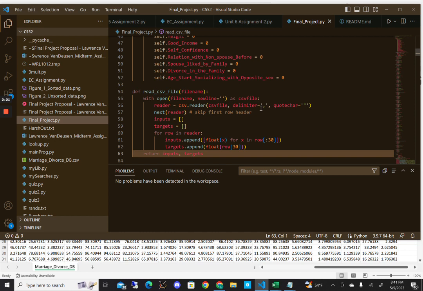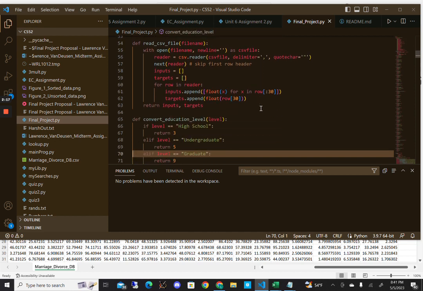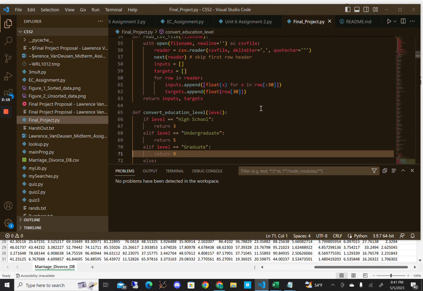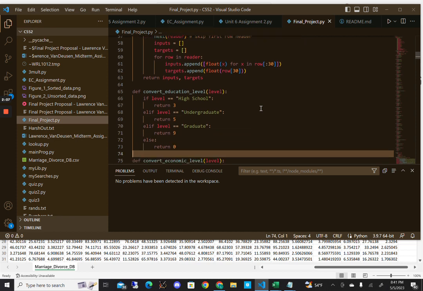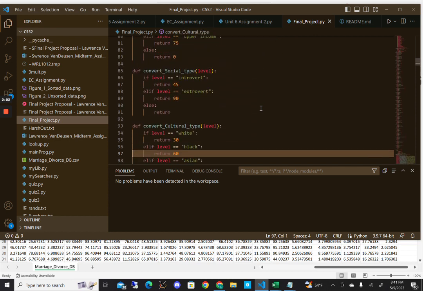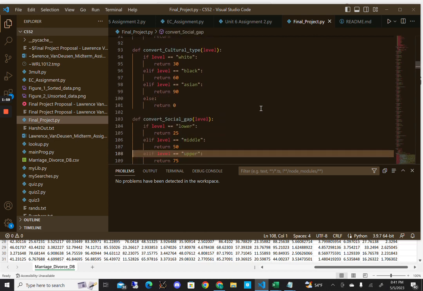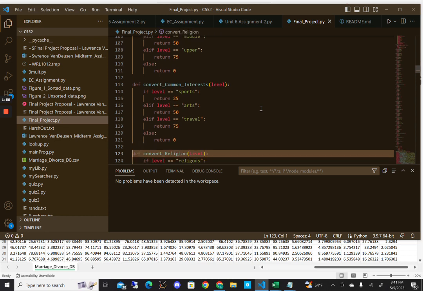I have functions that then convert some of the questions into the matrix, so that the inputs that are taken from the user are then transposed or converted into percentages or numbers, so that they can be stored in a target file, which would be the data structure file, against the inputs.